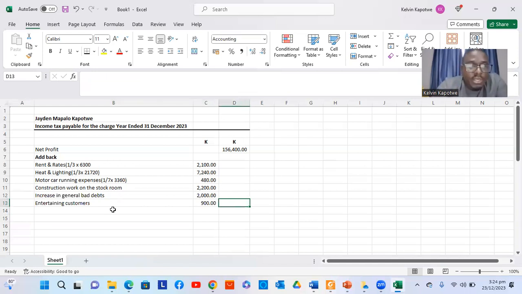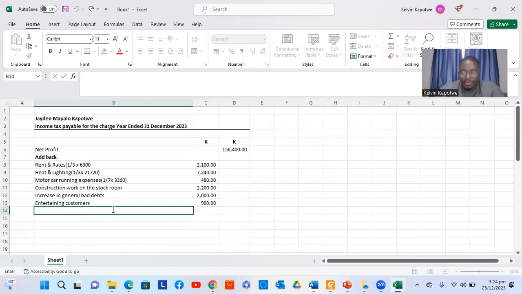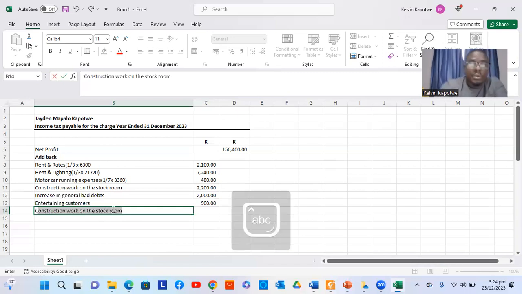Then the other one is Christmas gifts. That was gin and whiskey, 50 kwacha each, but there was no prominent advertising component on these gifts.